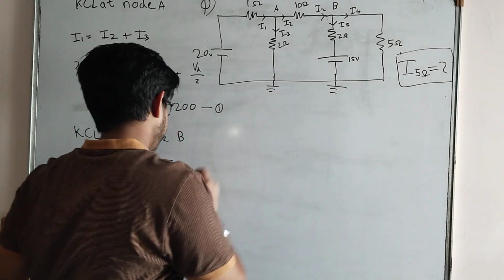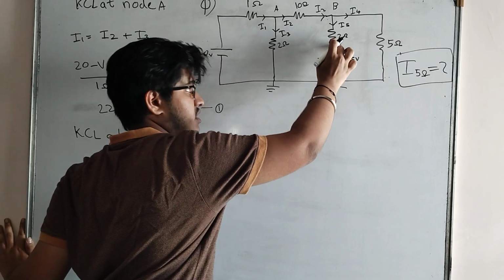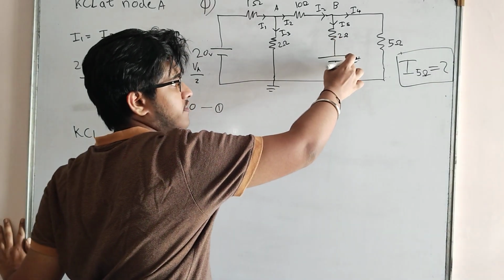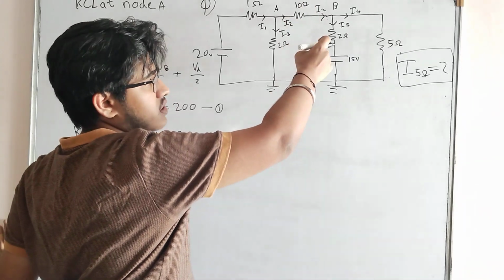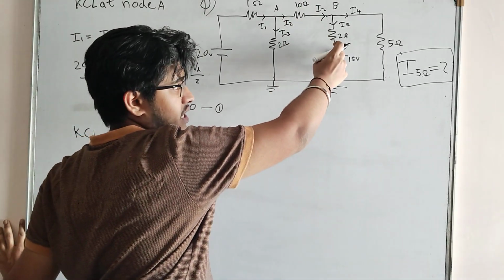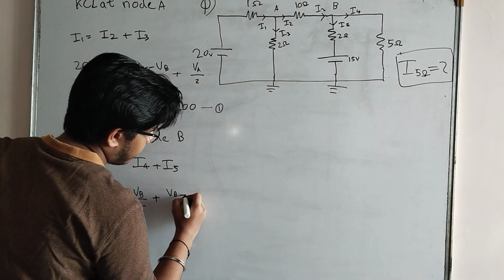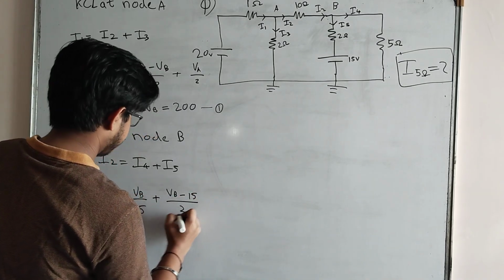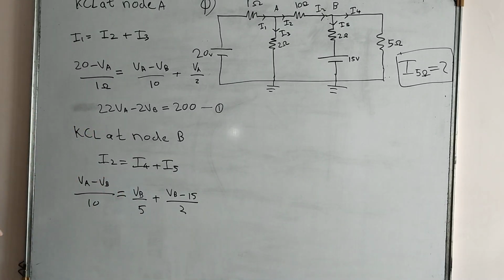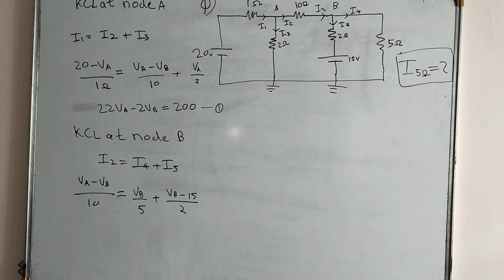It will have VB as its initial point and its final point will be 15 volts, but as it is on the other side of the resistor, though it has a plus sign, we will consider it as a minus sign. VB minus 15 whole divided by 2. Okay, so this is a correct equation, and I will simplify this and write.